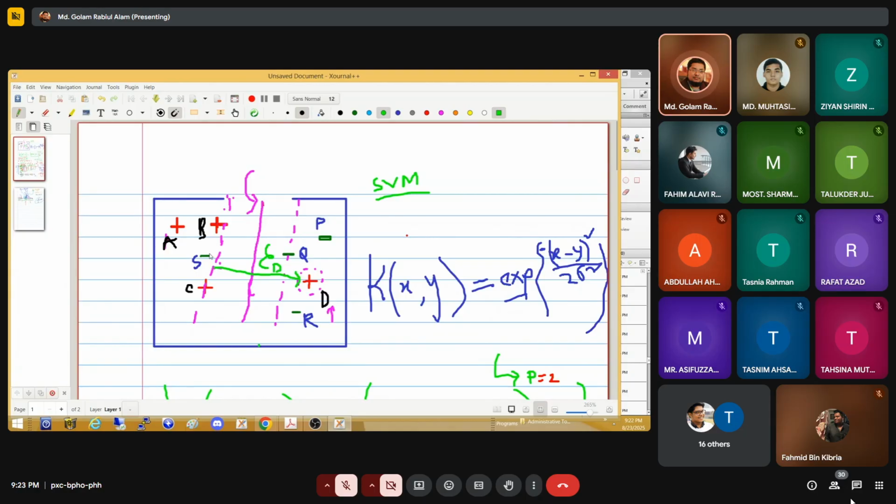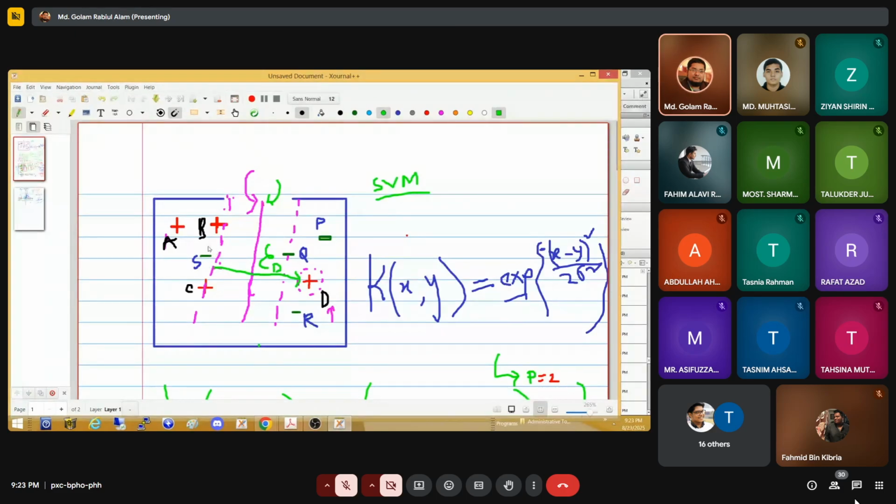Similarly, we have another data point, S, which is below the hyperplane. Below the hyperplane all these are negative, and P is correctly classified, Q is correctly classified, R is also correctly classified, but S is misclassified.